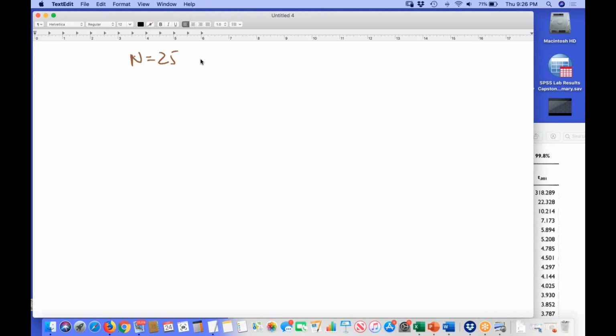We sample 25 children from elementary schools in the Bronx, and we find that those 25 children have a mean blood lead level of 6 micrograms of lead per deciliter of blood.